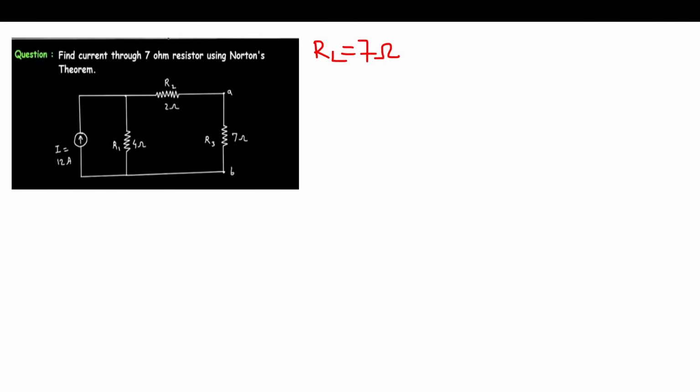Norton is asking us to first take away that resistor and then put IN, that is the Norton's short circuit, inside there, and then we work for our IN. After we are done, we are going to open circuit that part, put our RN there, deactivate all sources, and then find Rn. After we are done with that, we put everything inside the Norton's equivalent circuit and then solve for the current passing through it.